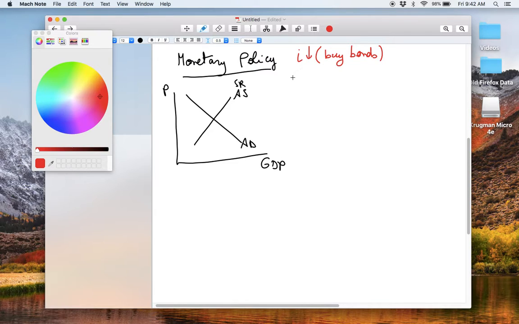As a result of interest rates going down, the economy grows. The reason the economy grows is that investments go up, consumption goes up, so aggregate demand goes up, so GDP goes up.